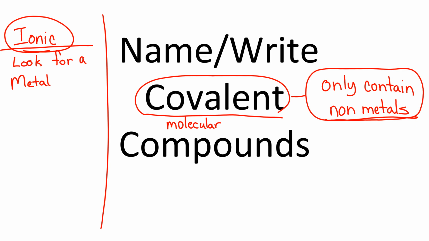So you will only see nonmetal elements in a covalent compound. The only elements in there are going to be in this region. Even though it's a very small area, there's a lot of compounds that contain that. All right. So again, our goal today is to be able to name and or write a covalent compound. Name it or write the formula.